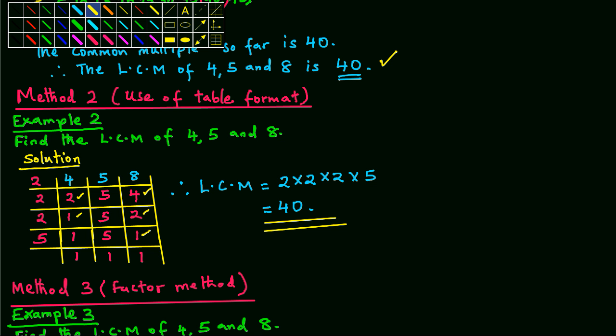And finally 5 dividing 5 1 times. And therefore LCM is the product of these new factors. And that would be 2 times 2 times 2 times 5 and the result is 40.